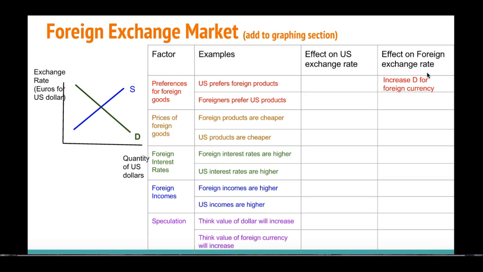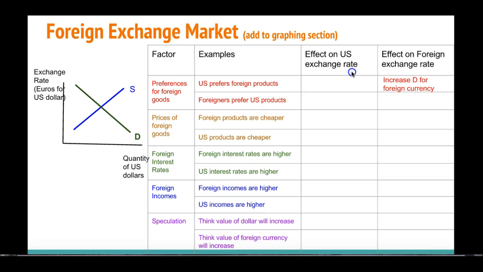Does that make sense? Hopefully it makes sense. So increasing the demand for the foreign currency. But in the U.S. market, the U.S. exchange rate, because we want British products, we need more U.S. dollars to be able to buy British pounds.